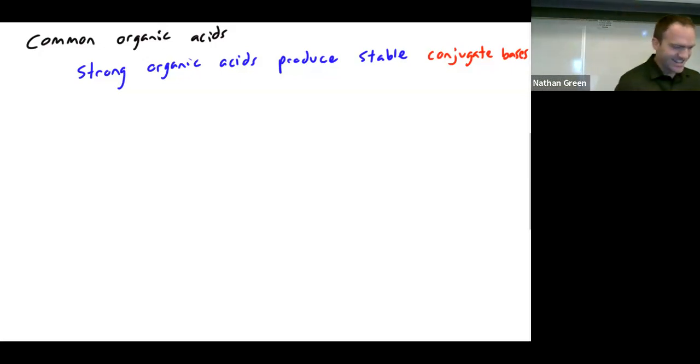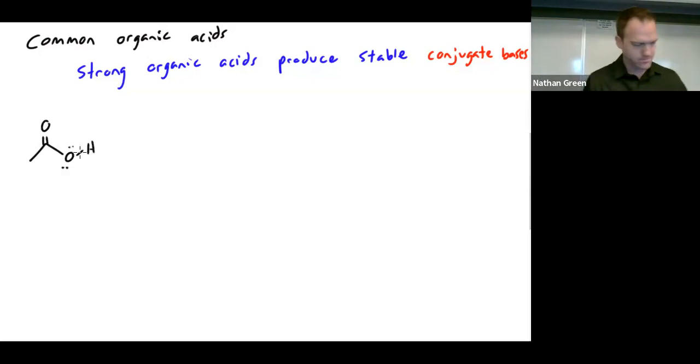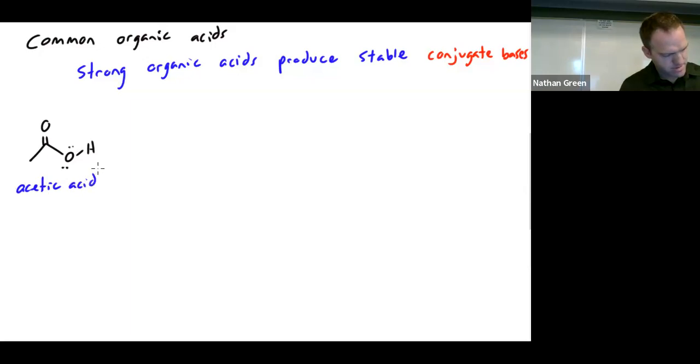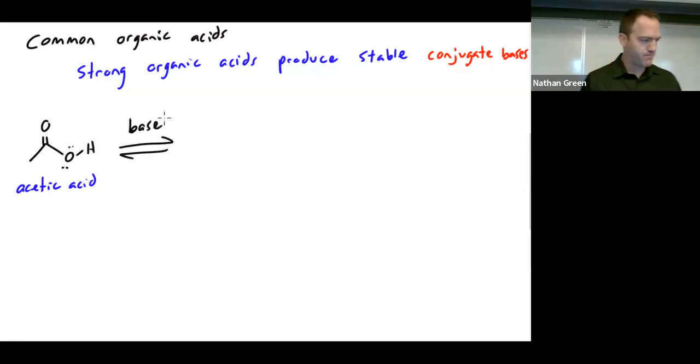Let me show you what that looks like for an organic structure. Acetic acid is one I brought up earlier. It looks like this. If I mix acetic acid with a base, let's not worry about what the base is, but something that can take protons, my acetic acid will lose a proton, that one.